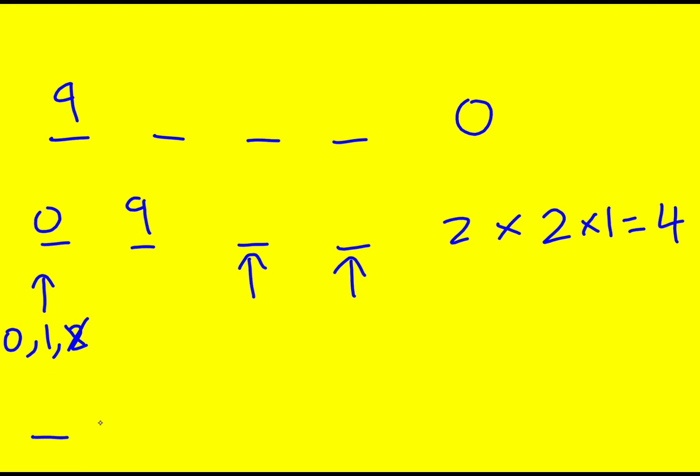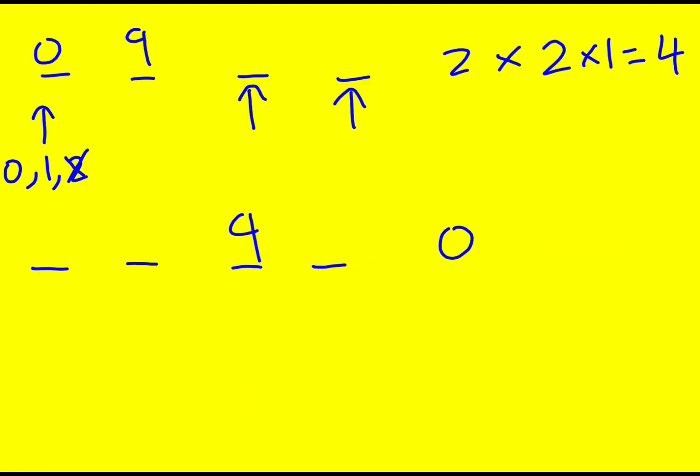Okay, next up, let's look at 9 in the third position. Actually, that's not allowed either, so it's 0. So I'm only left with 9 in the final position. I've stuck it in. Now, there's no restrictions for what I put in the first position, so there's going to be 3 ways I can do it. And then after I've done that, there's no restrictions for what goes in the second position. Let's say I stick a 0 there.